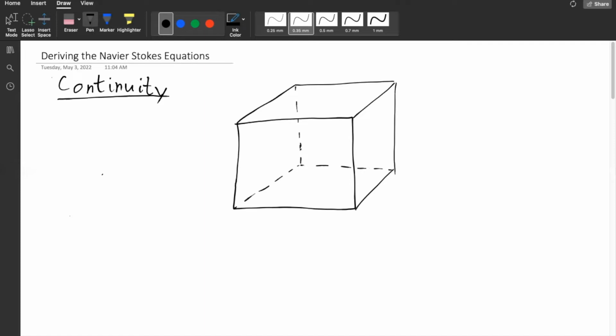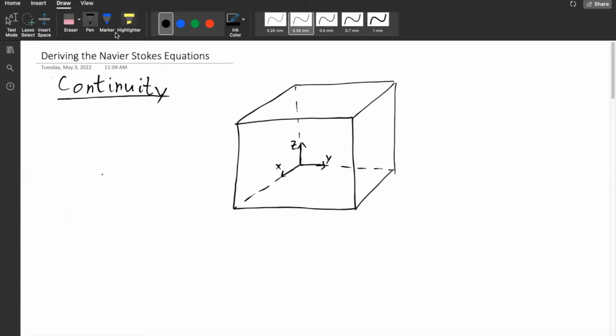And we'll have our directions. We'll say that this is our x direction, this is our y direction, and this is our z direction.